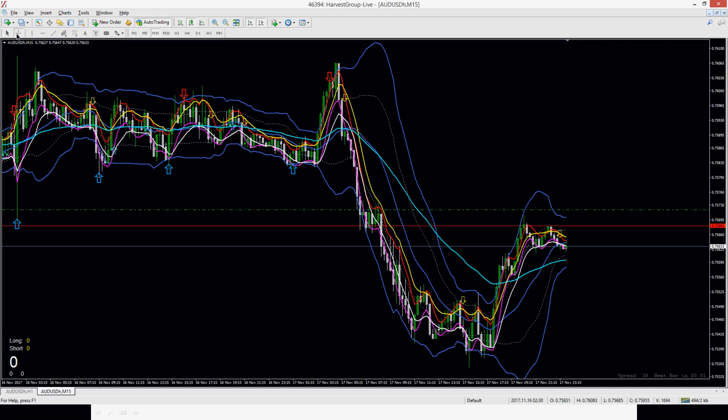As soon as it reaches about 10 pips over here, that's the point where we should ask ourselves what's going to happen after this. Fortunately, at the 10 pips mark, there is a re-entry.